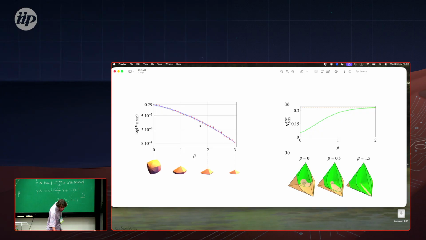And here we ask the same question: can we generate entanglement via Markovian thermal processes? Here we are looking at the volume of the set where you can generate entanglement and how this volume behaves as a function of the inverse temperature.